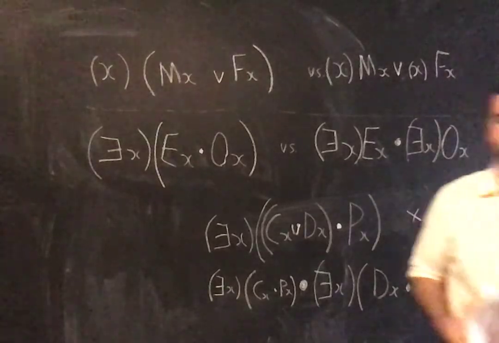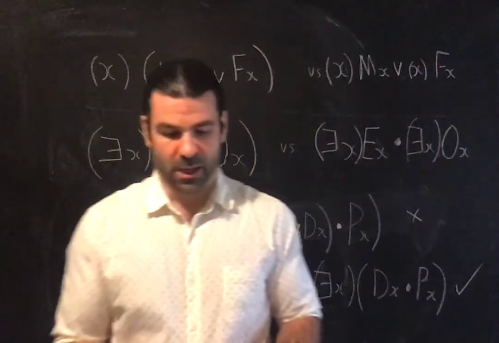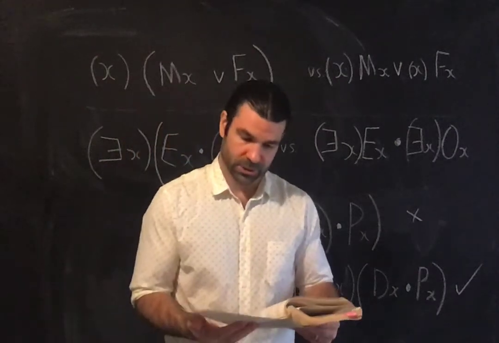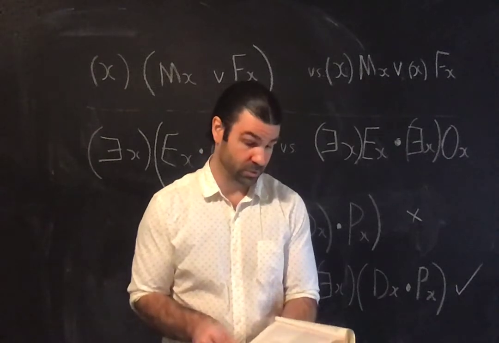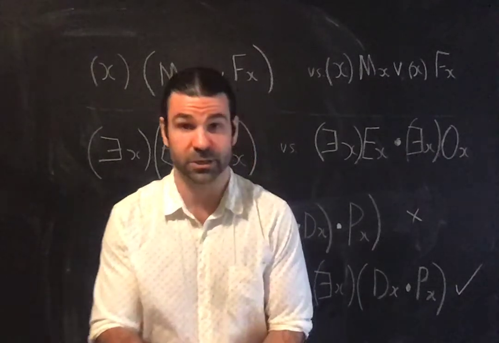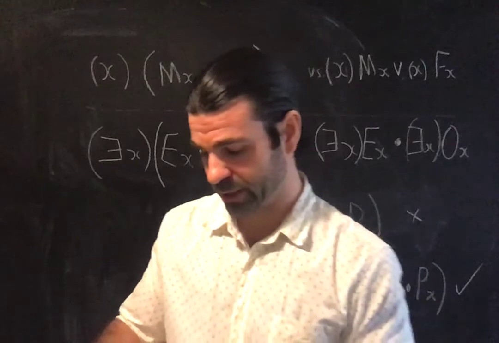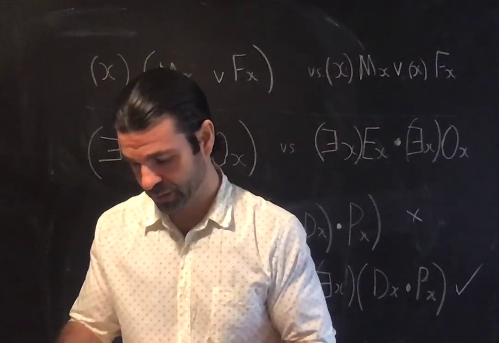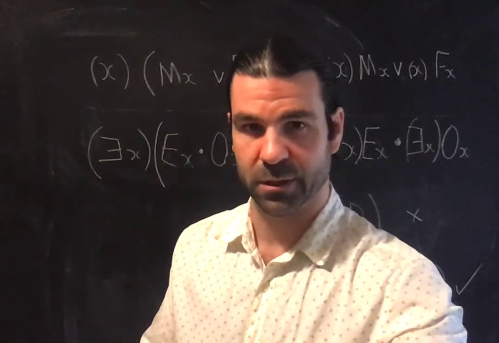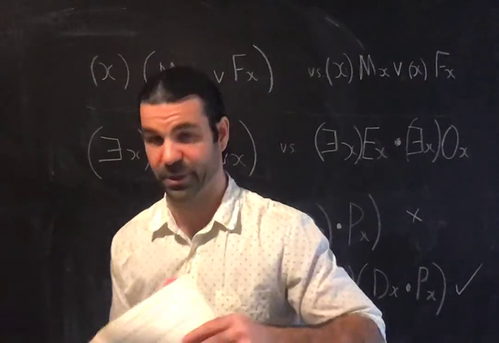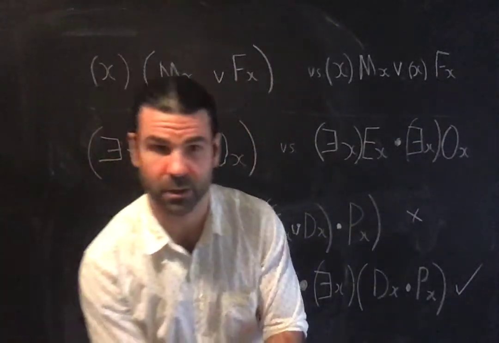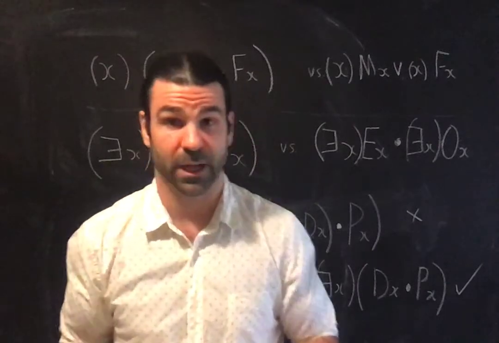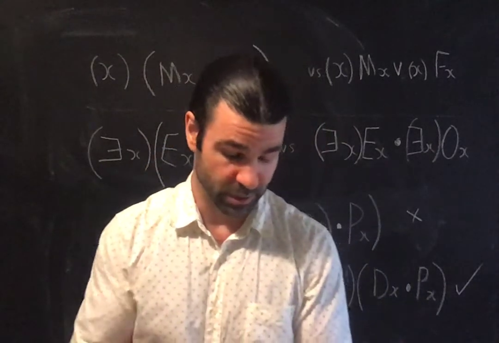I'm not going to put it up on the board, but I will say very quickly, if you look at 268, the last page, Klenk runs through an example of how to symbolize a couple of examples.